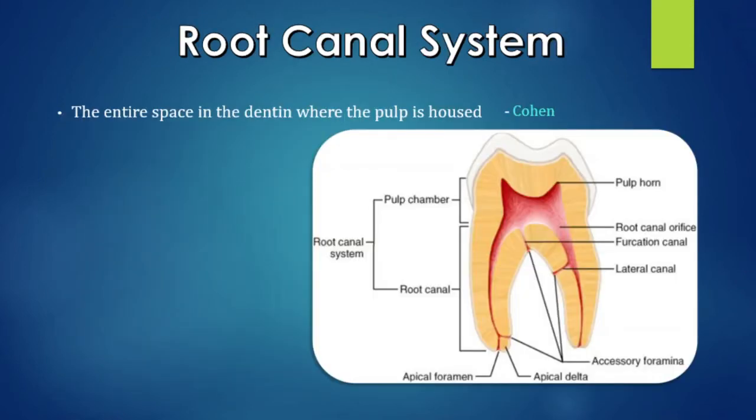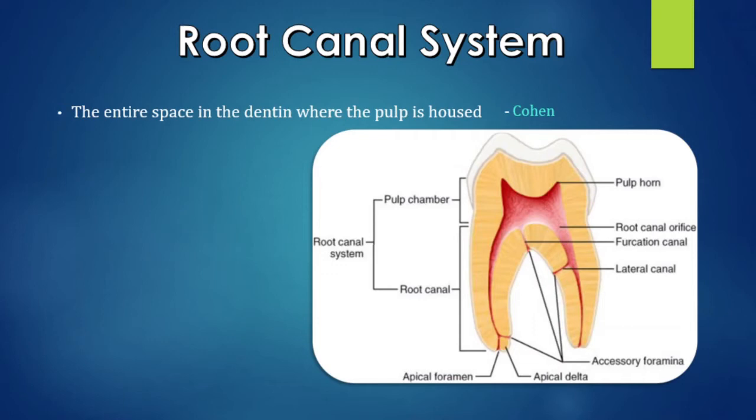All right, now the root canal system is defined by Cohen as the entire space in the dentin where the pulp is housed. Okay, we can see from this figure that the root canal system can be very complex. So we can see here how the root canal system can be divided into pulp chamber and root canal.